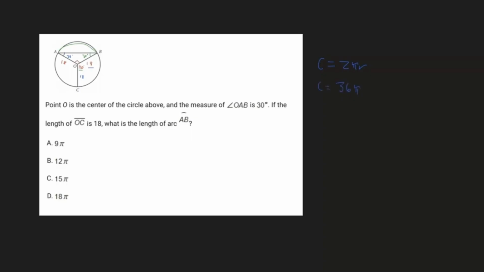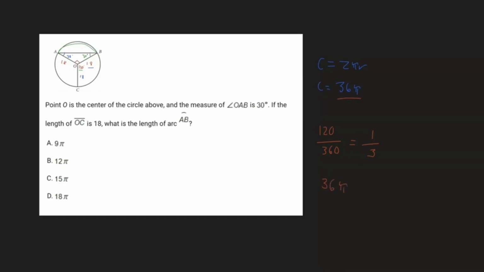And so in order to calculate the length of the arc, what we can just do is first find the ratio to scale it up. So we have 120 degrees over 360, which in itself is just 1/3. So what we want to do is just take 1/3 of that circumference, which we know is 36 pi.